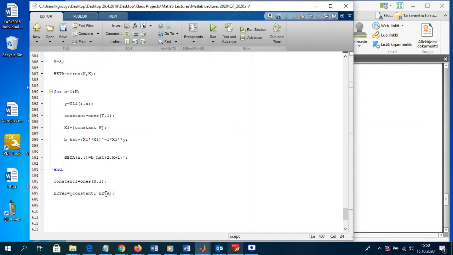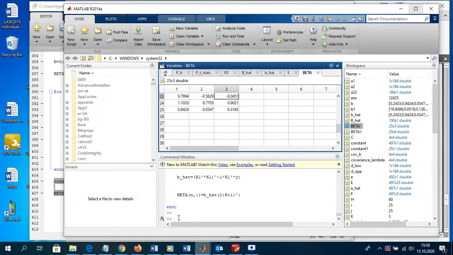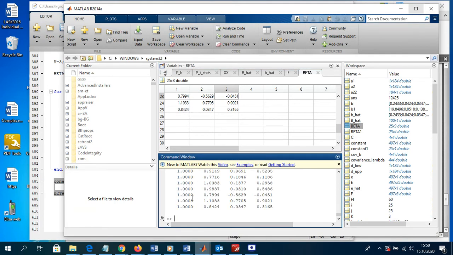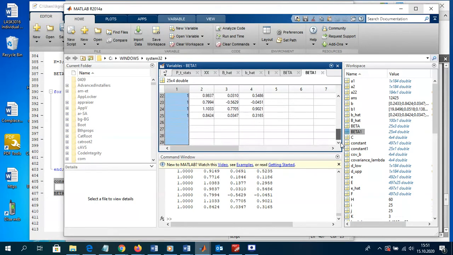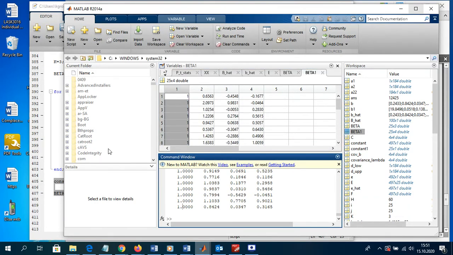So that's now a new matrix here. Let's see how it looks. Let's copy that into MATLAB. Voila. This is now stored, and it's a 25 by 4 matrix, because we just added a vector of 1s at the front. Very simple.